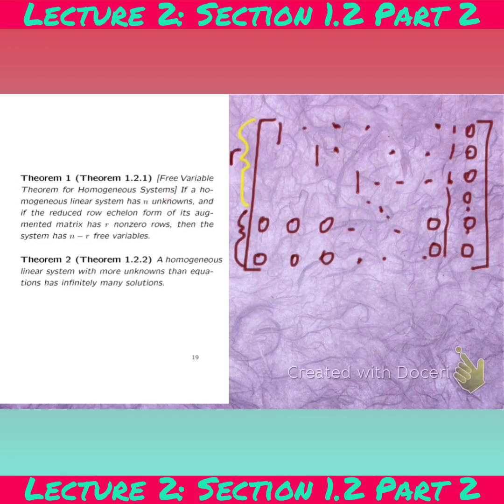Now, why do we have n minus r free variables? Remember, if we count the number of leading variables, we're going to have r leading variables. Counting the number of leading ones there is going to add up to r. Now, how many variables does this system have? This system has n variables.